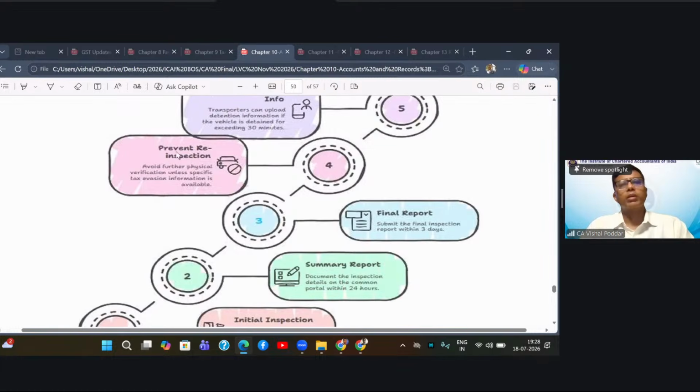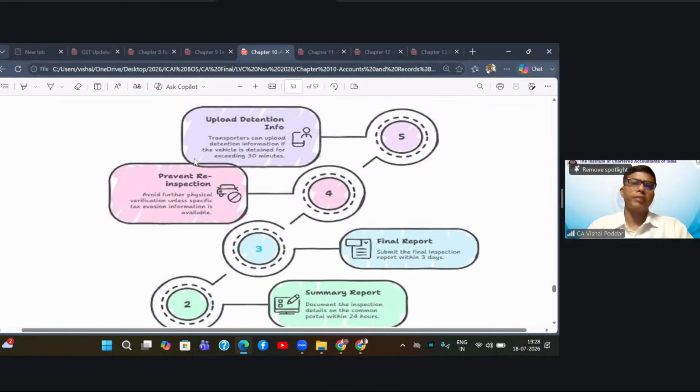Now, in order to prevent re-inspection, that is, once at one point your vehicle was stopped and verified, it should not happen again and again. So there is a provision that if your vehicle was stopped once, and later at any further stage in transit some other officer stops it, you can show them the details that, see, my vehicle has already been checked once, and hence you need not re-inspect the vehicle.